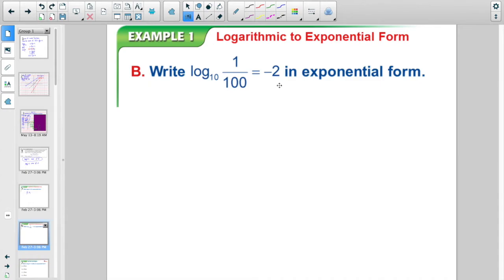This one looks a little more confusing, but just do what I said. Start with the base, which is 10. Swap these two things, so it's 10 to the negative 2 power equals 1/100. And remember what a negative exponent does? Reciprocal, so you square the 10 and flip it over, and you get 1/100. So you can see how that works.